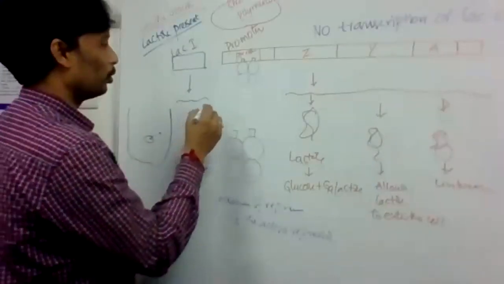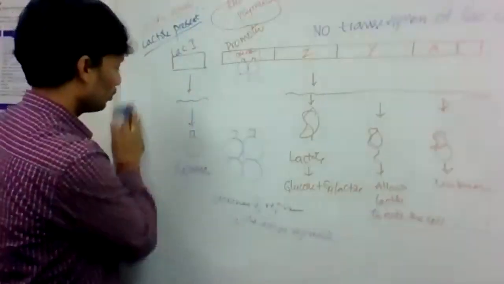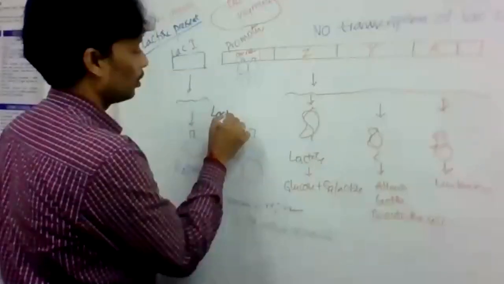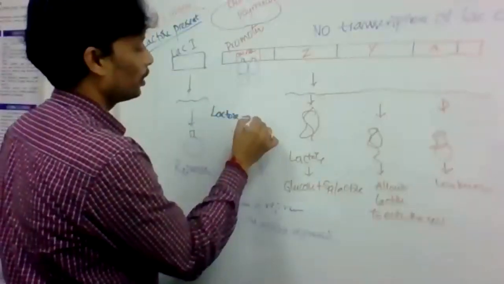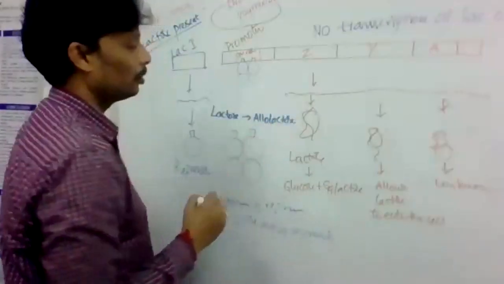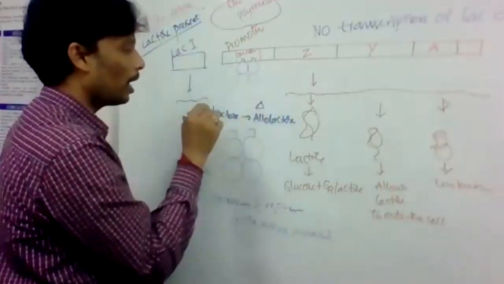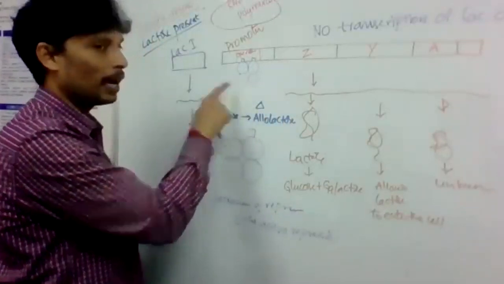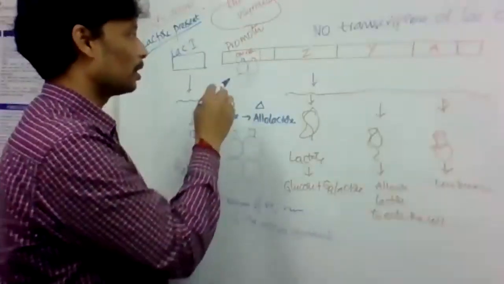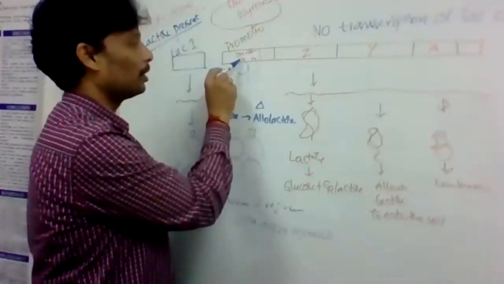Those lactose molecules will convert into allolactose. This is the isomer of it. This allolactose has an affinity for the allosteric site of the repressor molecule. What is the allosteric site? The other site of the protein, apart from the binding site.